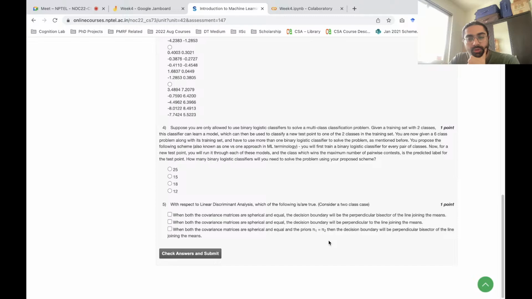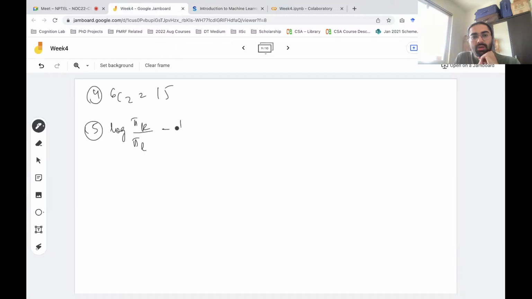So here the idea is, what is your boundary between any 2 classes, right? You have it like this, if I'm not wrong: log pi k by pi l minus half mu k plus mu l transpose sigma inverse mu k minus mu l plus x transpose sigma inverse mu k minus mu l equal to 0.